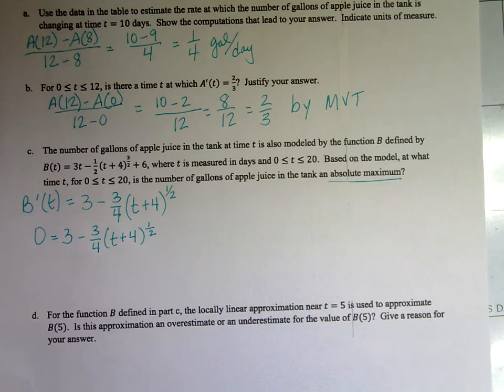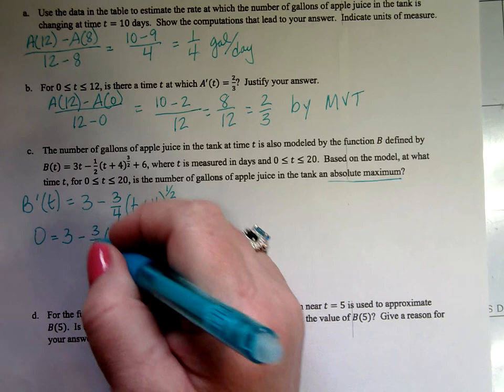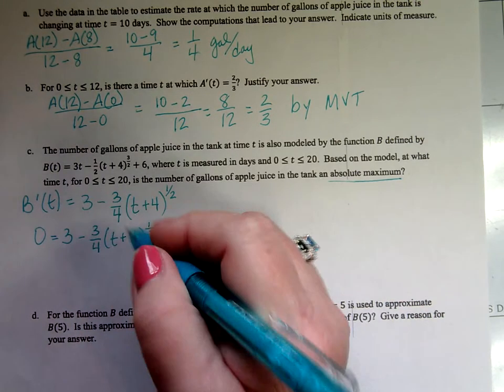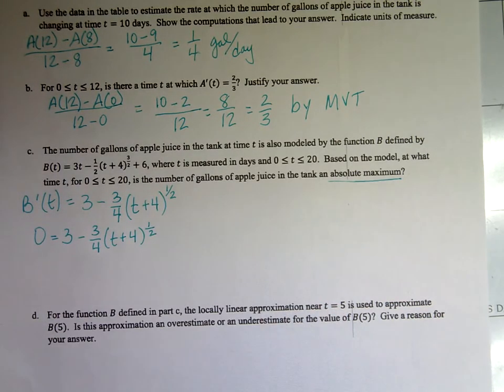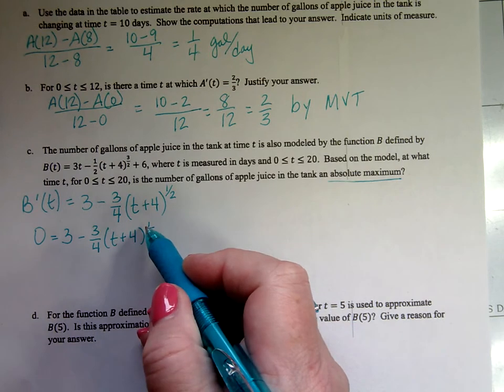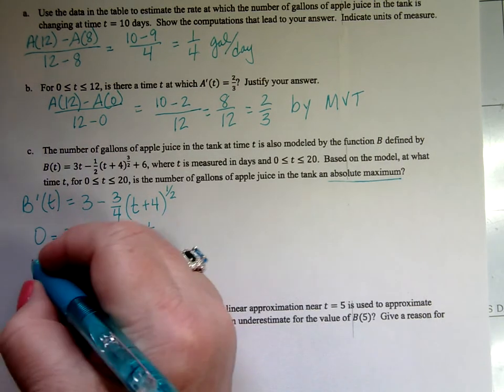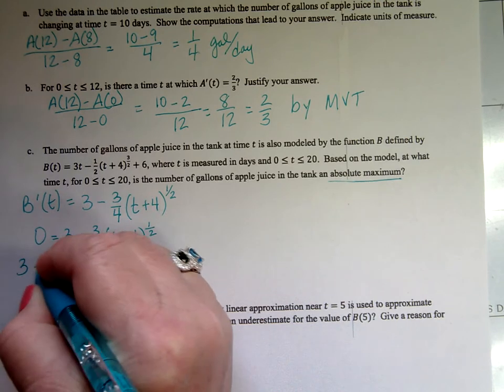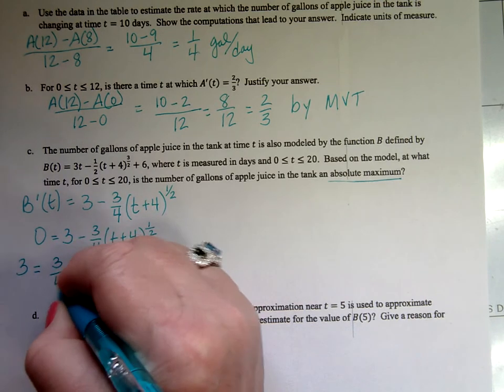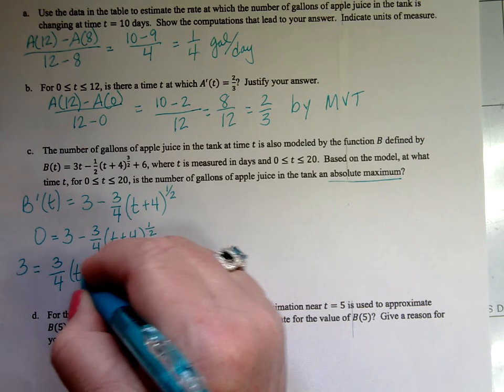Okay, so here's where I'm going to go. I'm going to swing these things around so that they're on opposite sides of the equal sign. Probably what's best is if I take this negative and move it over so it becomes positive. Ultimately, you're going to have 3 equals 3/4 times t plus 4, to the 1/2.